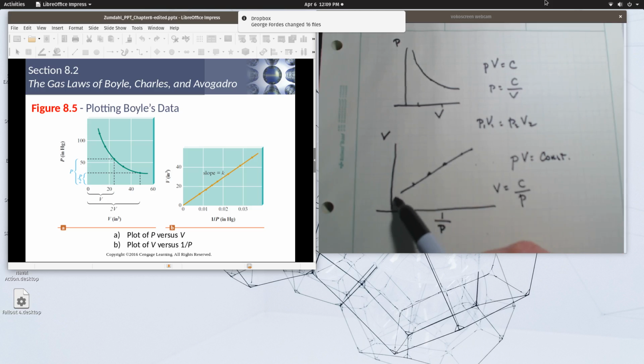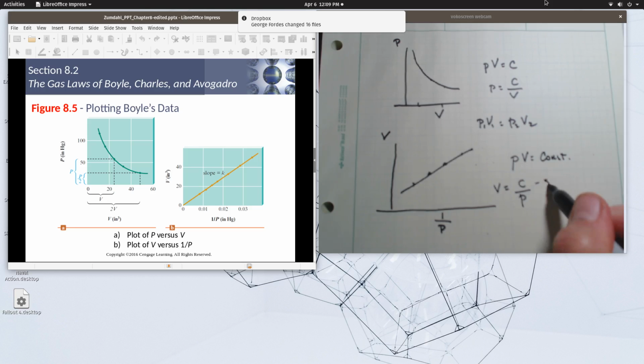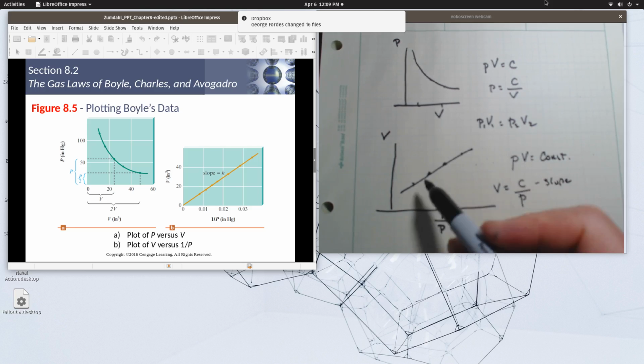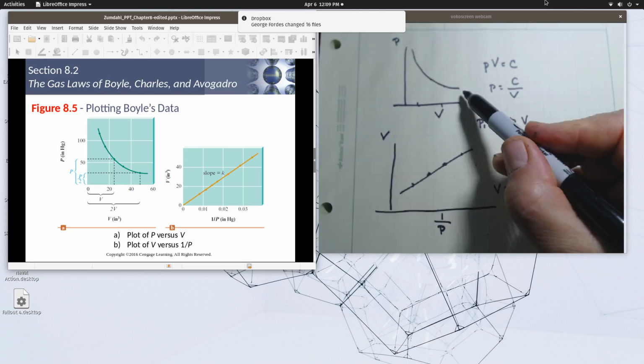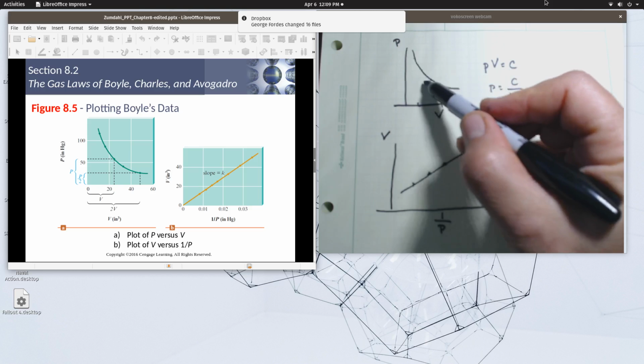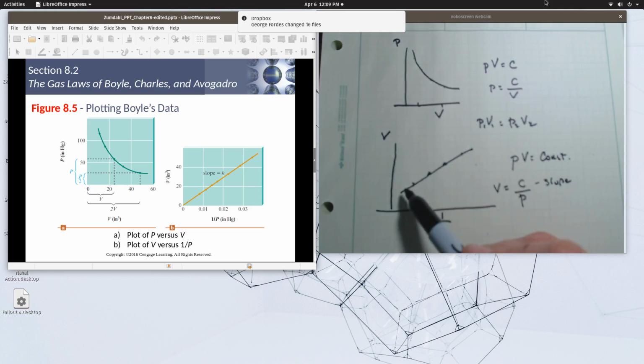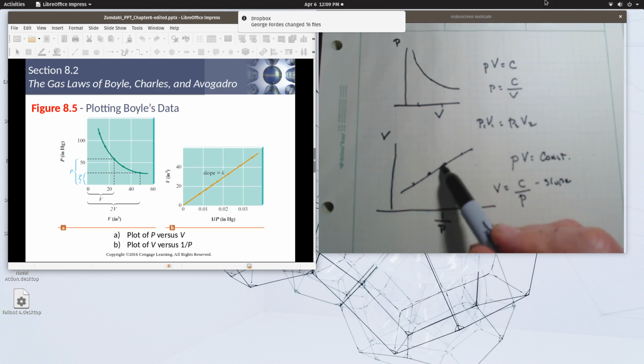It's a far more accurate means of data reduction and calculating that constant, which is the slope, C is the slope, than trying to extract the same constant out of this. The reason is because the error is not uniformly distributed over this curve, whereas on this curve the error in your measurement is. And so this is a far easier, more accurate fit.